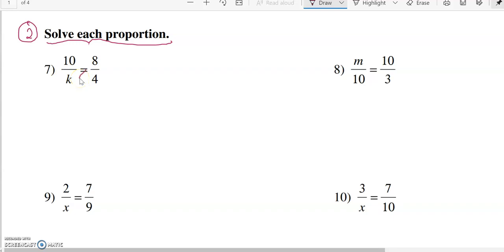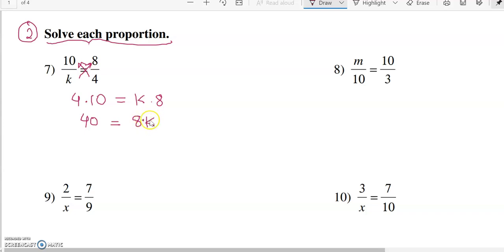Step number 1, whenever you see an equal sign, you will cross multiply. So it will look like this to you, 4 times 10 is equal to k times 8. So 4 times 10 is giving me 40, and this part is giving me 8k.